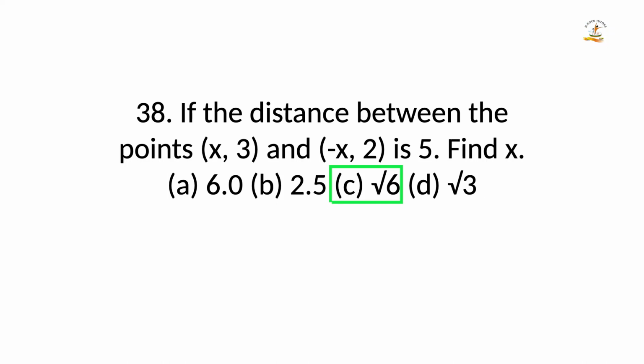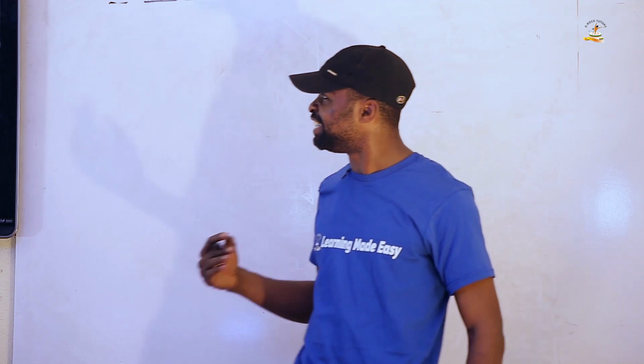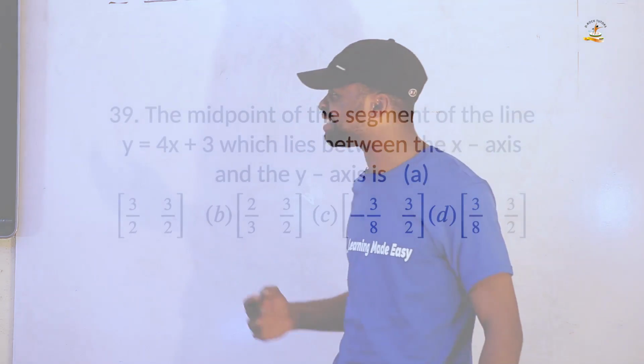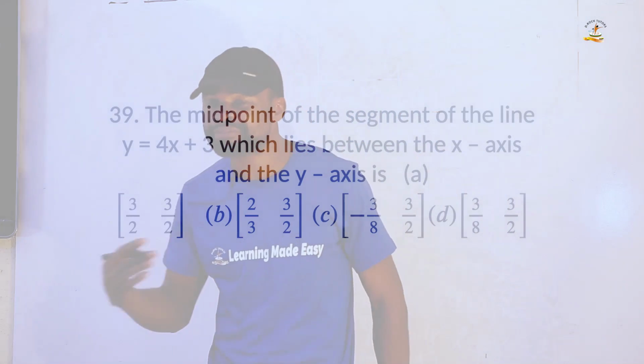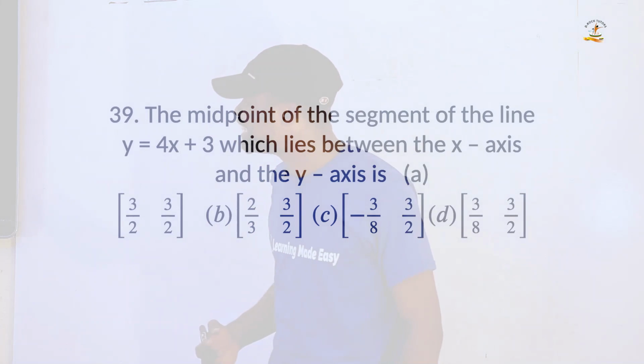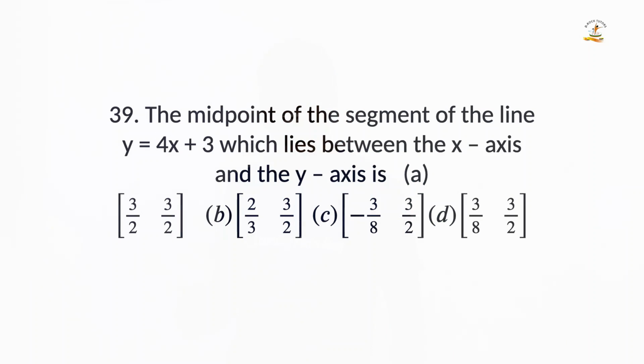We move on to the next one. Question number 39. This question is on coordinate geometry, but you will see that this one is coming in a different form. The requirement is to find the midpoint of the segment of a line whose equation is given as y equal to 4x plus 3, which lies between the x-axis and the y-axis.